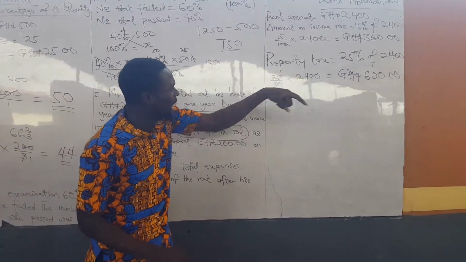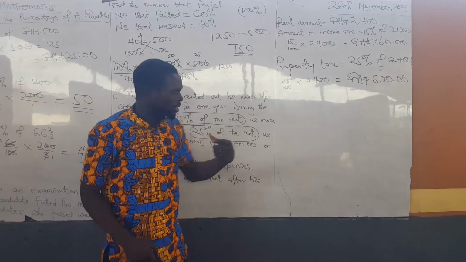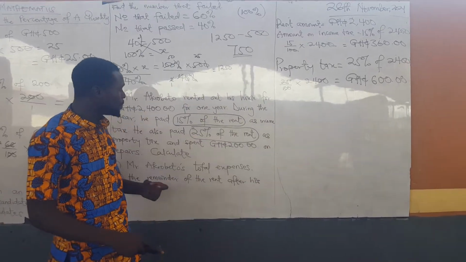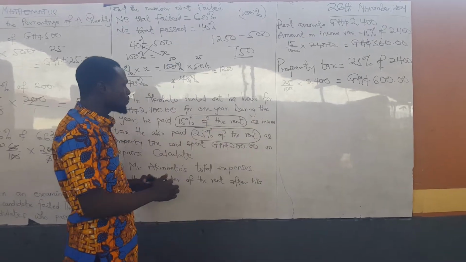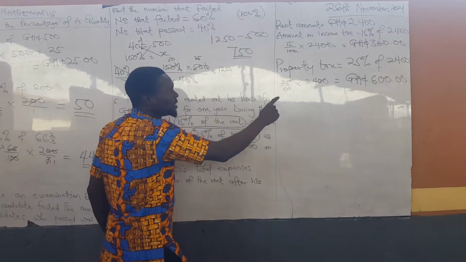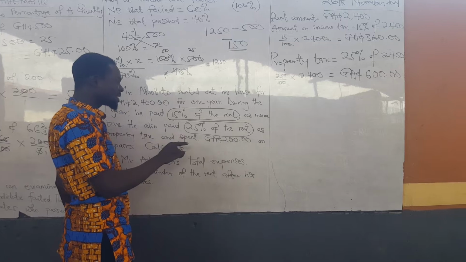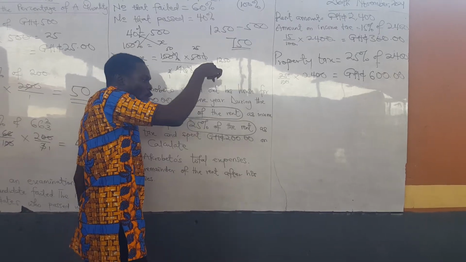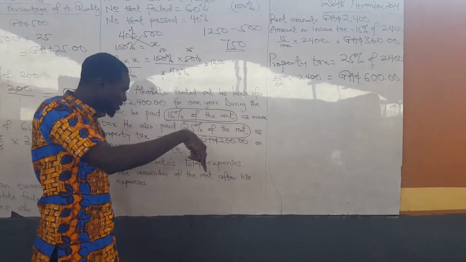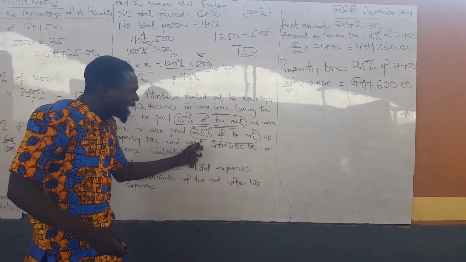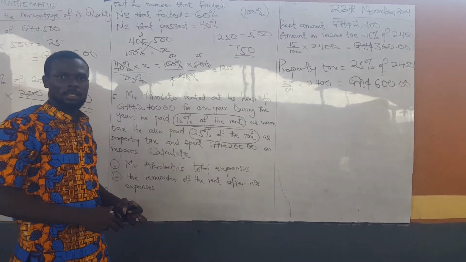On the income tax, he paid 15% of the rent, which is 360 Ghana cedis. And on property tax, he spent 25% of the rent, which is 600 Ghana cedis. And he spent 200 Ghana cedis on repairs.